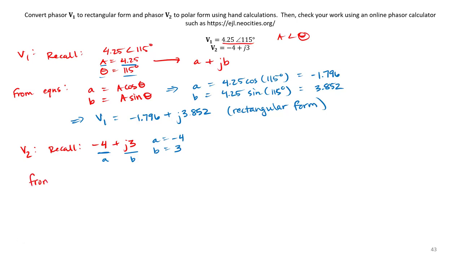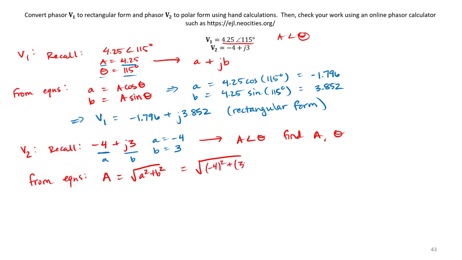So from our equations, we want to find A angle theta. From our toolbox, we know A is equal to the square root of A squared plus B squared. So that will be the square root of negative 4 squared plus 3 squared, the square root of 25, which is just 5.